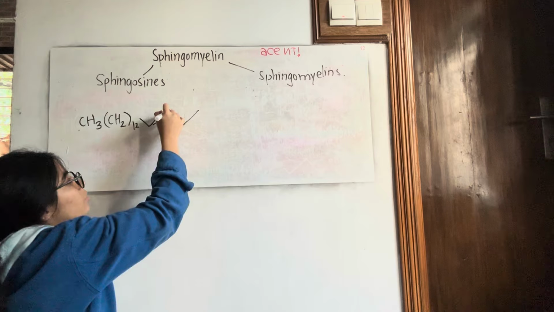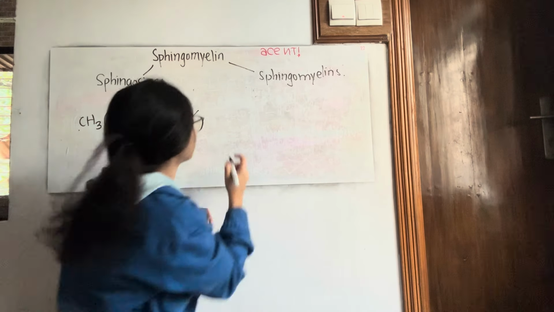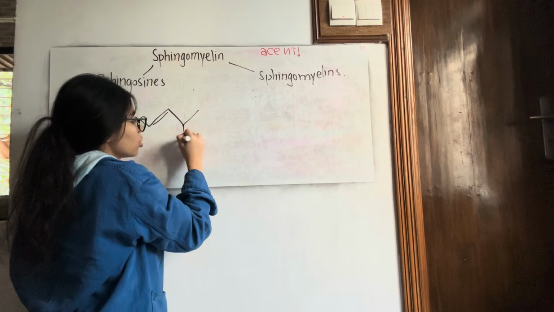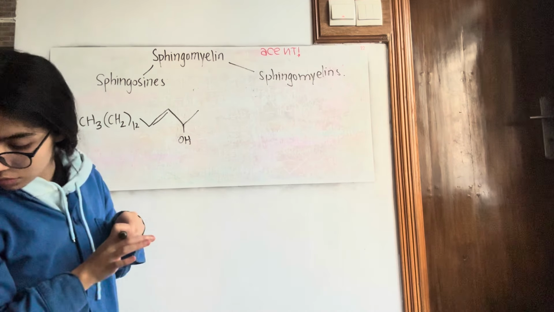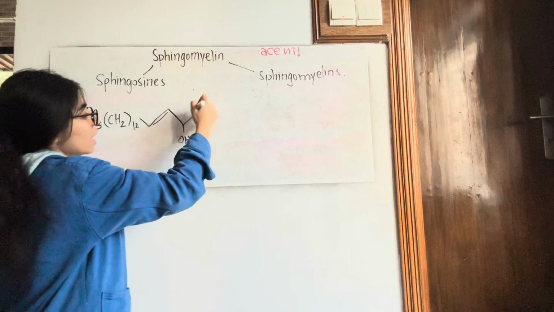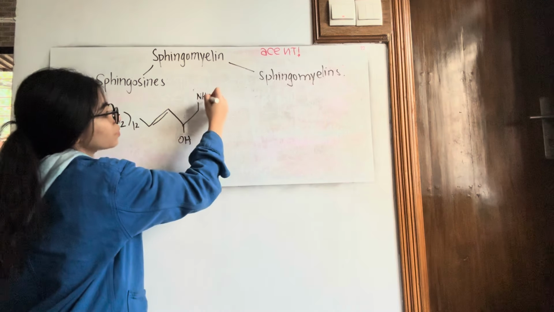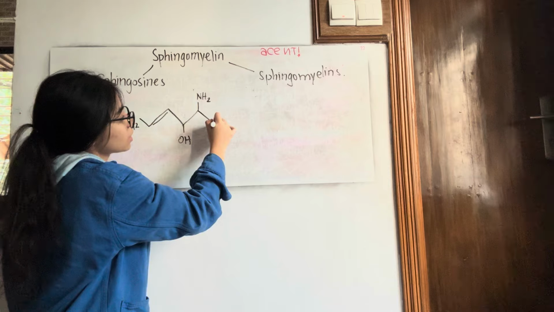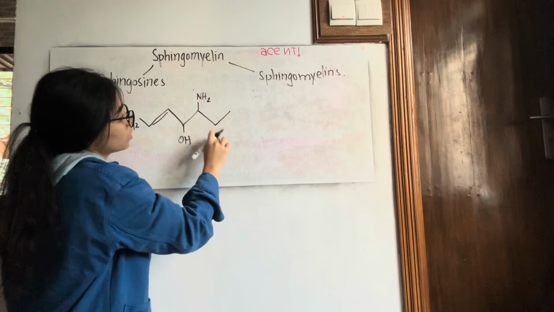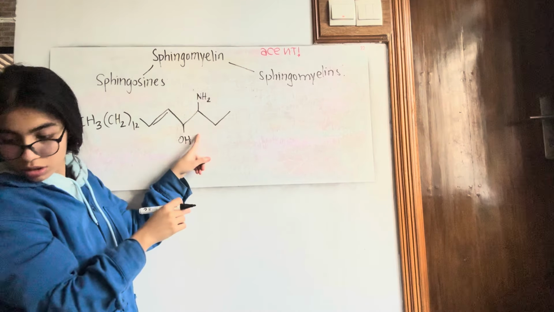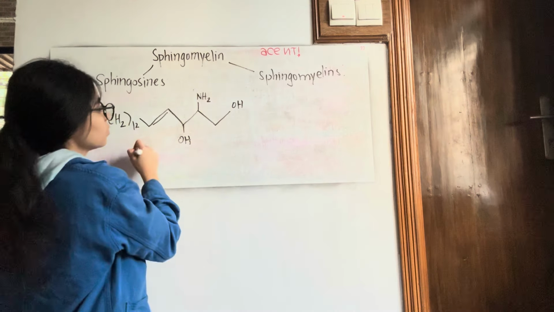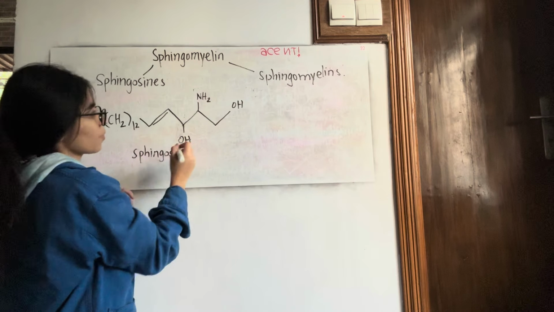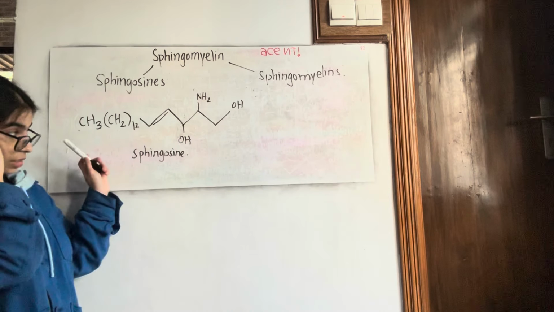So we're gonna have a double bond right here, if I'm not wrong. I don't have to do the 3D structure. OH, OH, NH2, and then we complete this with CH2OH. This is my sphingosine.